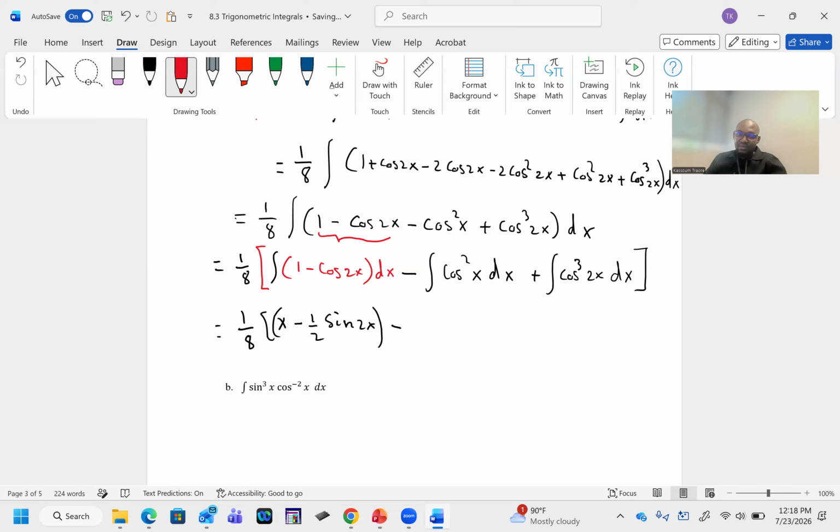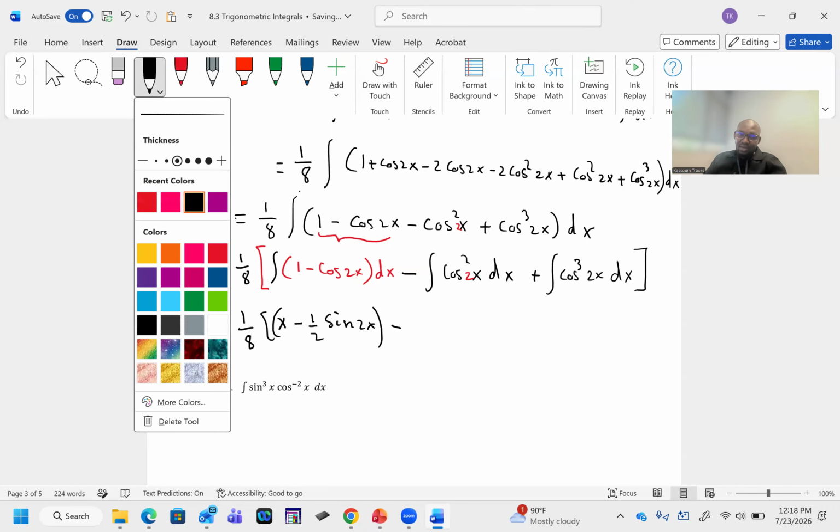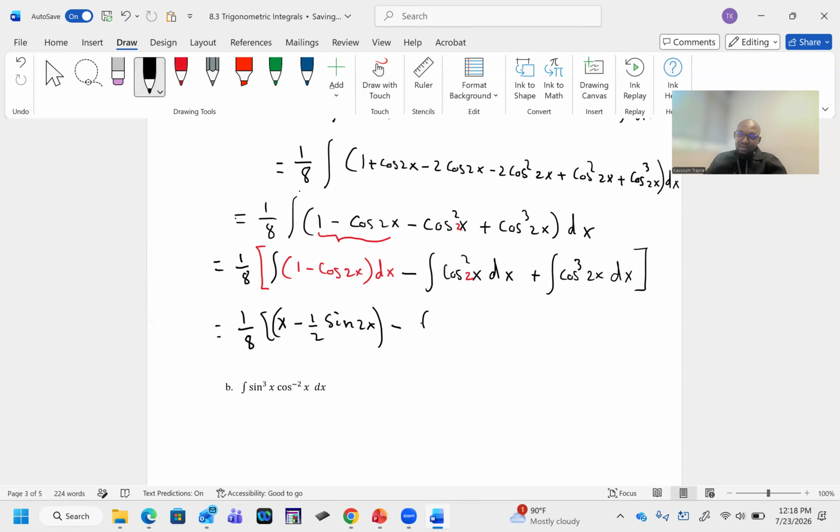Don't forget we have 2x here, right? So using the half angle formula, this one will become the integral of 1 plus cosine of 4x divided by 2 dx, right?